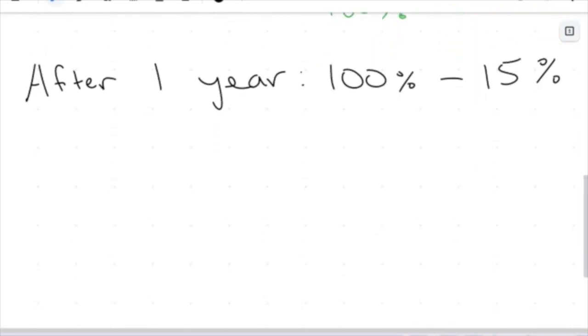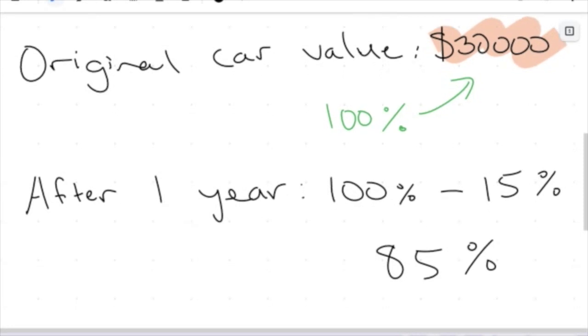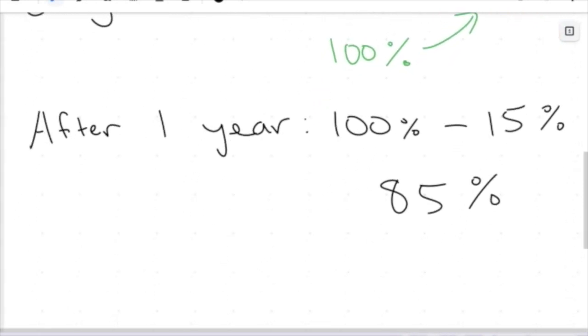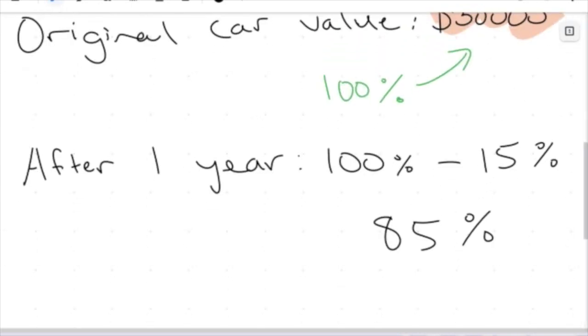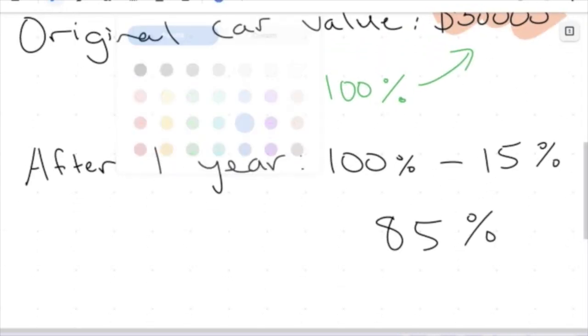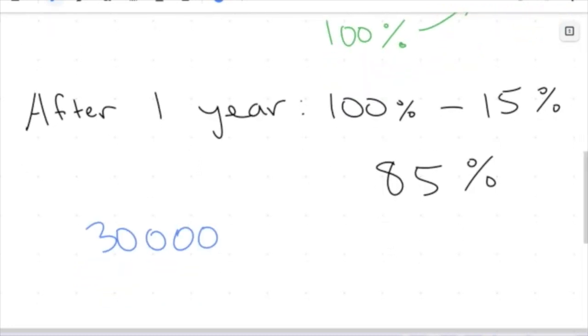So after 1 year, 100 minus 15%, the car's value is going to be 85% of what it was the previous year. So to find the cost after 1 year, we take my 30,000 and we want to find 85% of it.